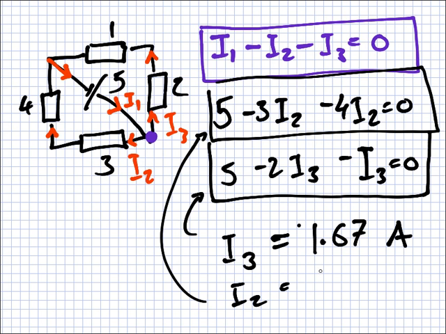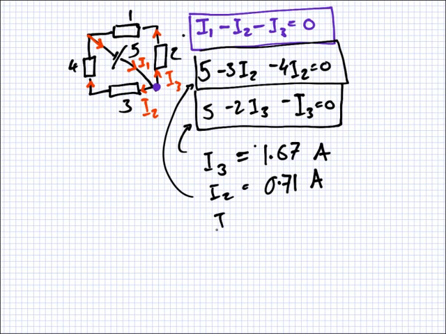What's that, 0.71. And I1 I can get from the first equation. 2.38? Yeah. Now I think those answers match what we got last time, using a lot longer process.